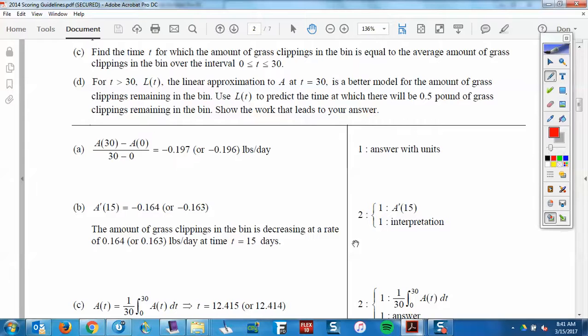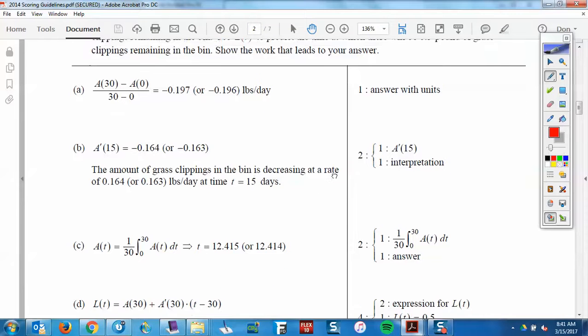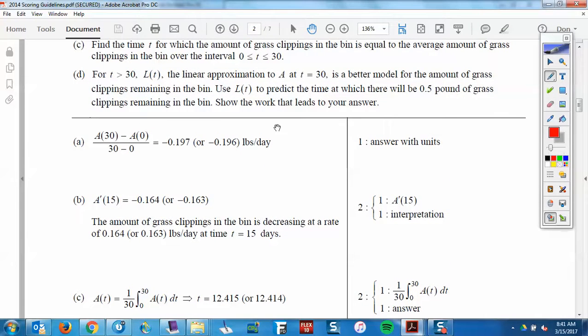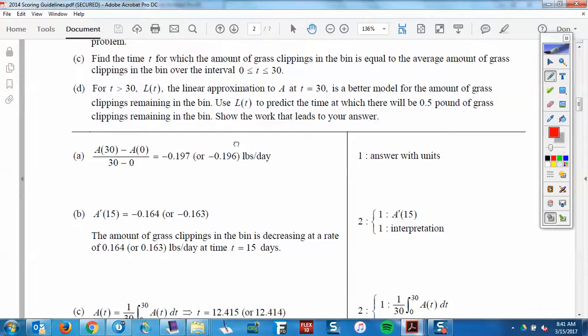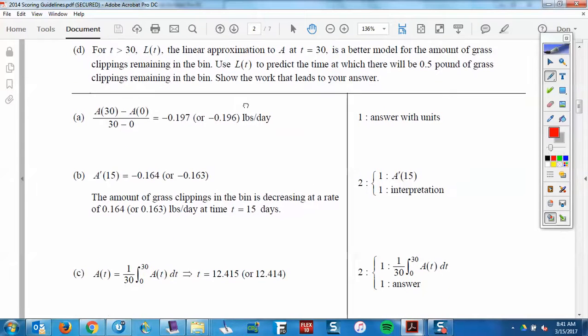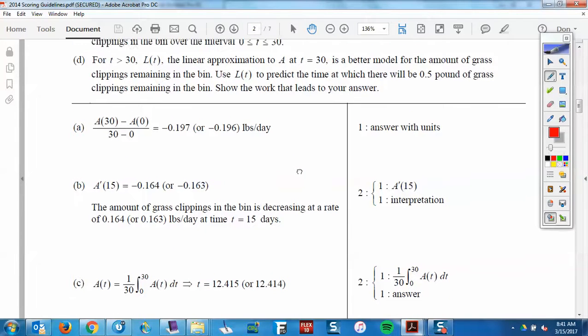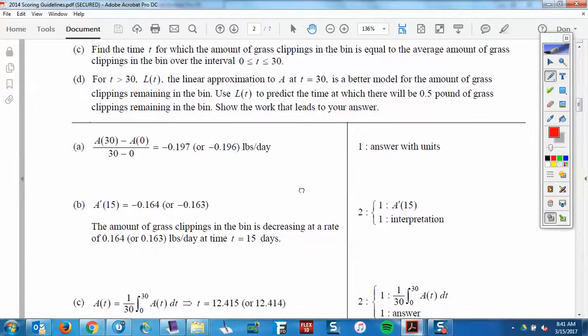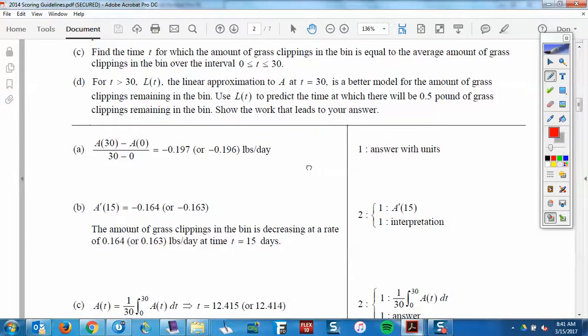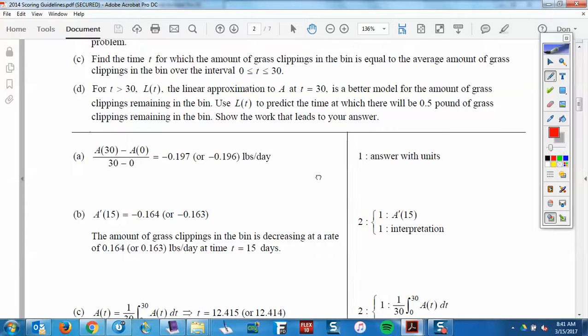Don't you do a solve? You set it equal to... Set what equal to what? First you have to find the average amount of grass clippings in the bin.